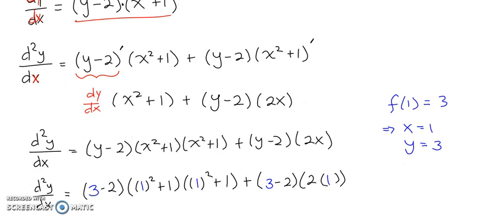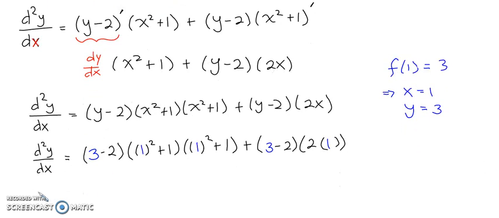This is what we get, and we are ready to just do the math. This is 1, this is 2, this is 2, this is 1, and this is 2. So d squared y over dx squared is equal to 6, because 1 times 2 times 2 is 4, plus 1 times 2 is 2, so 4 plus 2 is 6.